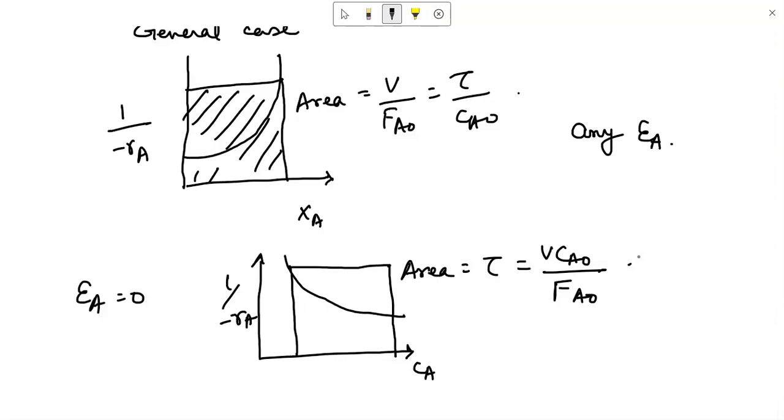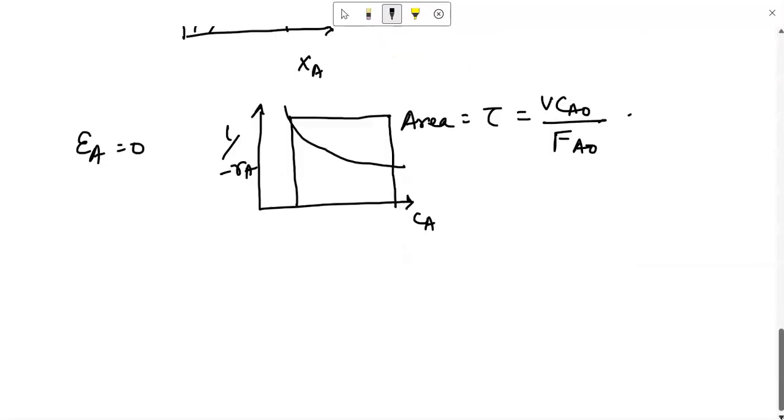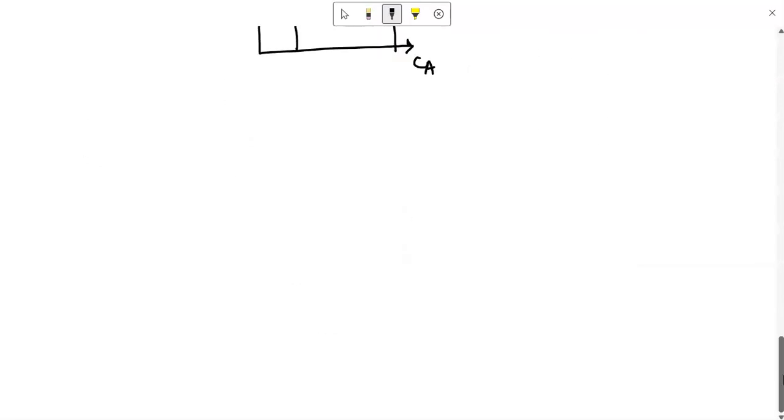Now, to better solidify our understanding, let us take a small numerical example from one of the example problems of the Levenspiel book. You can go back to the book and go through the other examples given there.